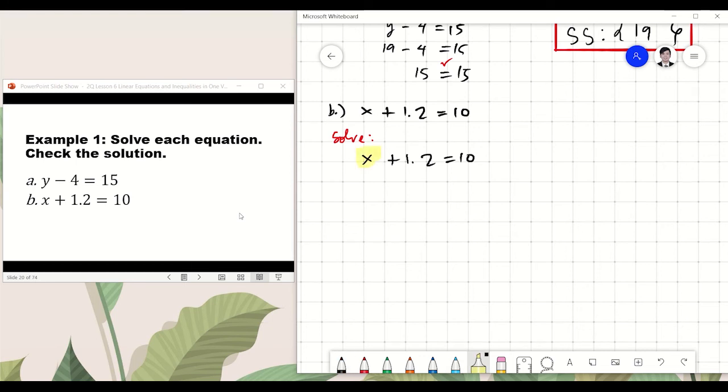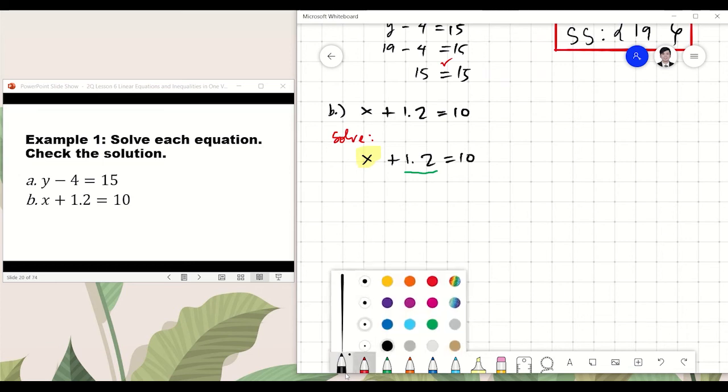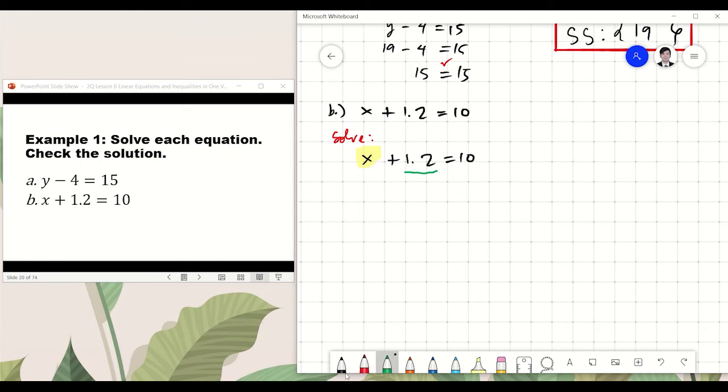It must only be positive x. So yung 1.2 is in another term because of the plus sign, and it doesn't have the variable x. So dapat matanggal siya. Diba? Kapag tinanggal natin yung entire term, ibig sabihin yun nun, yung gagamitin natin is APE.